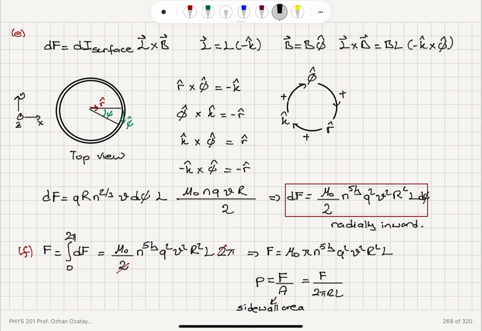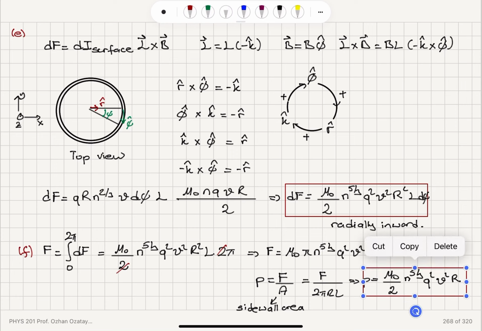Therefore, I will find the pressure to be mu 0 over 2. The pi will disappear, right? So there's no pi. And then I will have n to the 5/3, q squared, v squared. There's r squared L divided by rL, that gives me R. So the pressure is given by this expression.